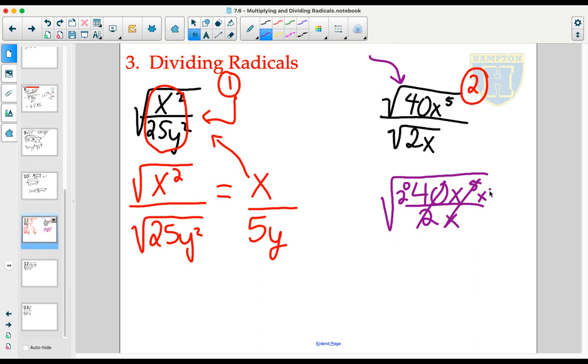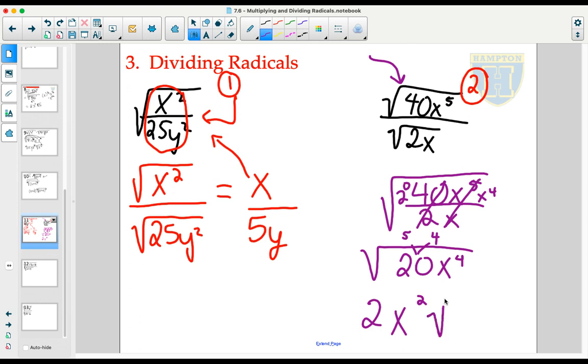This will turn into x to the fourth. So my new version is 20x to the fourth. I know that the square root of x to the fourth is x squared. I know that 20 has the perfect square of 4 that goes into it, leaving behind a 5. So we take the square root of 4, and we leave behind the 5.